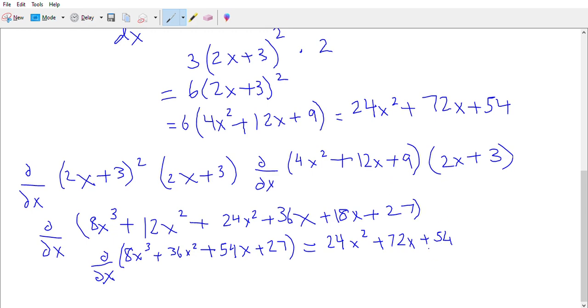Alright, so that's the way to take the derivative even without the chain rule. It is definitely a longer process, but it can be done. However, if the exponent was 7 or 8, then we got to thank the chain rule, because it would be such a pain to try and find the derivative of such a function.